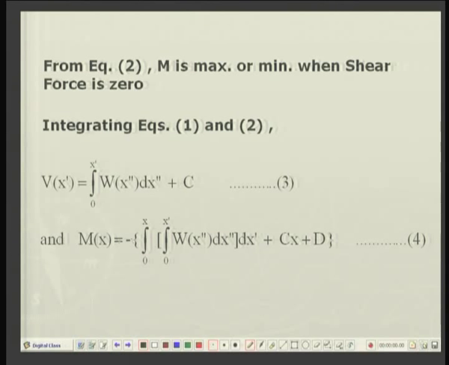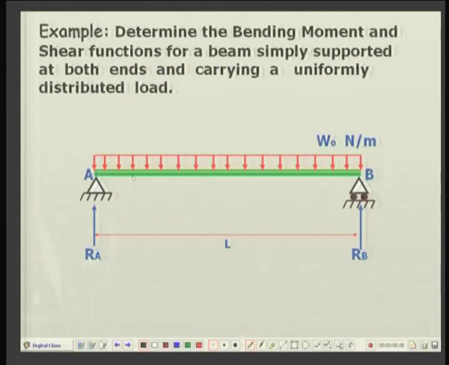So, this is the expression for the bending moment in terms of the load distribution function Wx, and this is the expression for the shear force, and C and D are 2 constants of integration which must be determined from the boundary conditions.